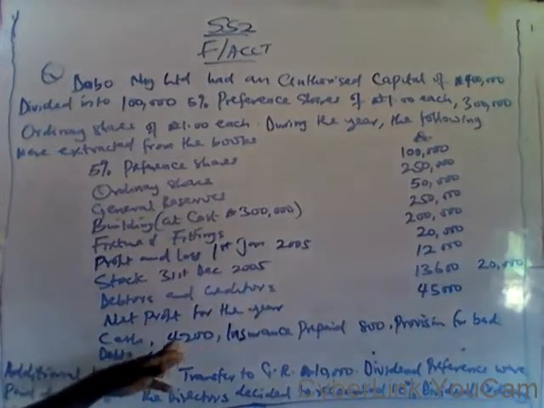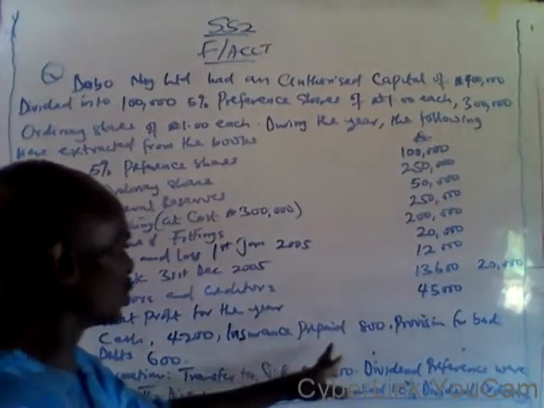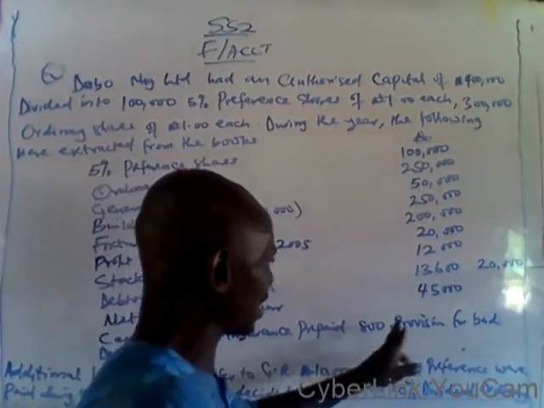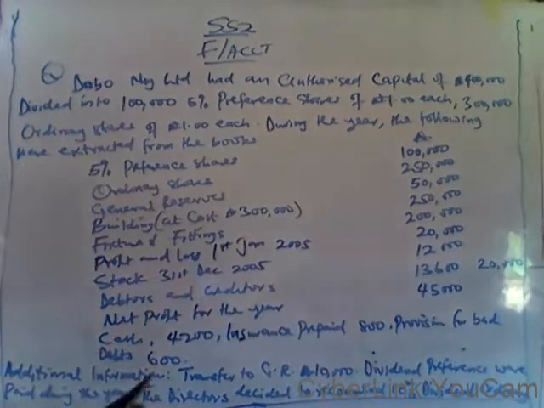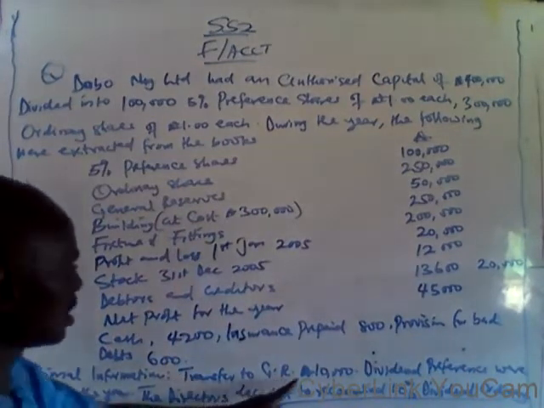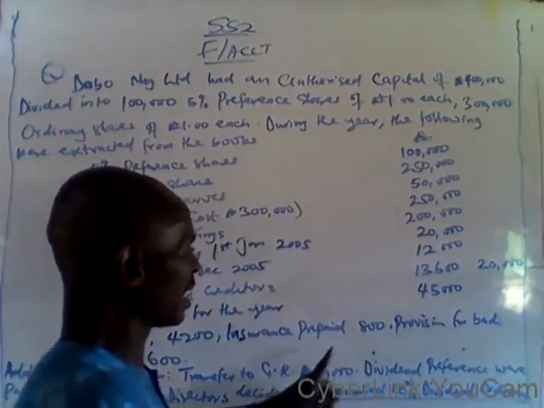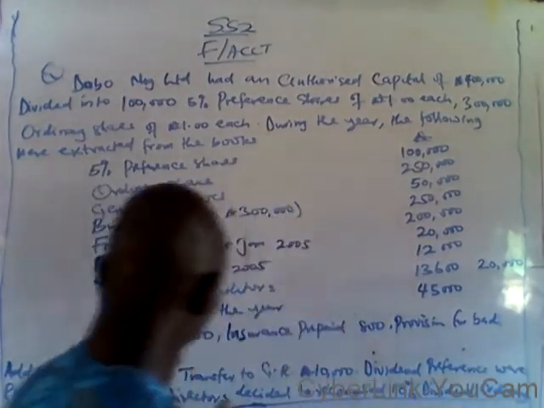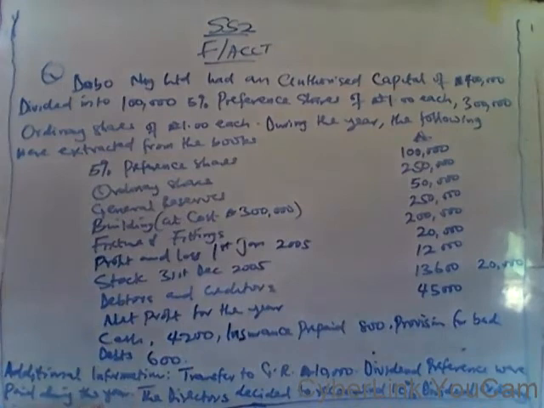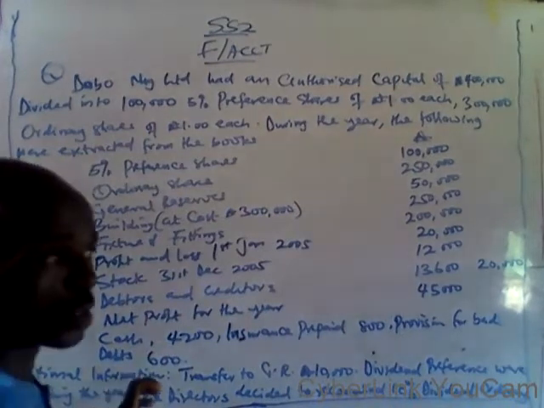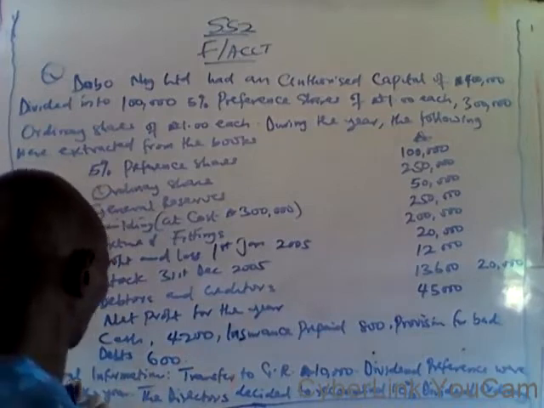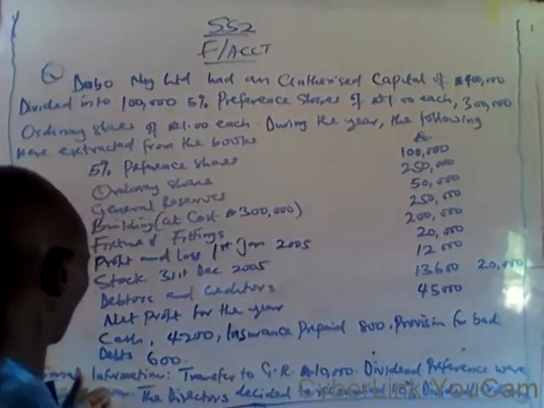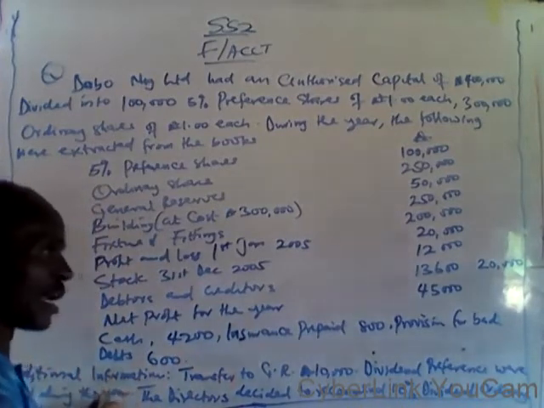Here you have cash 4,200, insurance prepaid 800 naira, provision for bad debt 600 naira, and transfer to general reserve 10,000 naira. Dividend on preference shares was paid during the year, so the company is not owing the preference shareholders any dividend arrears.